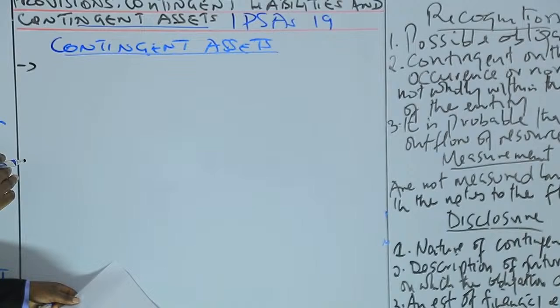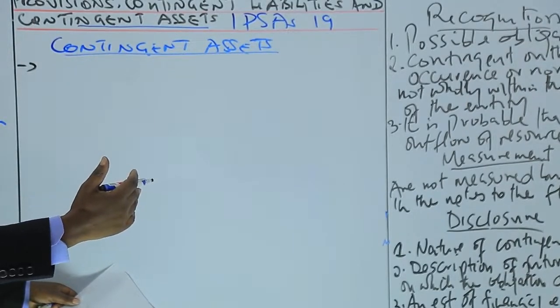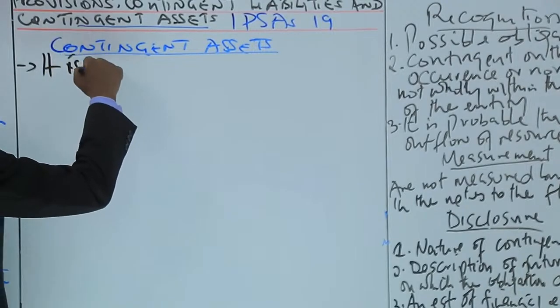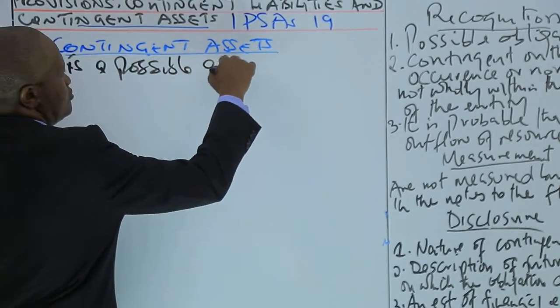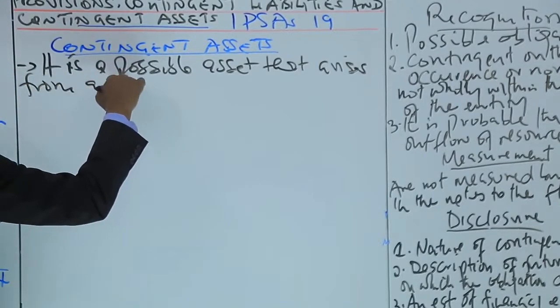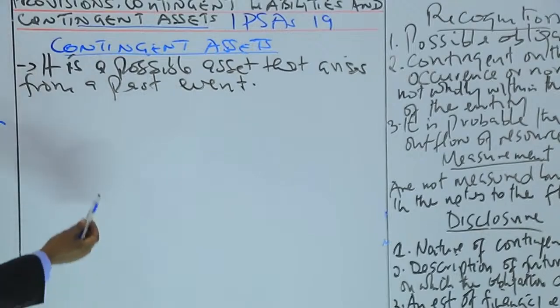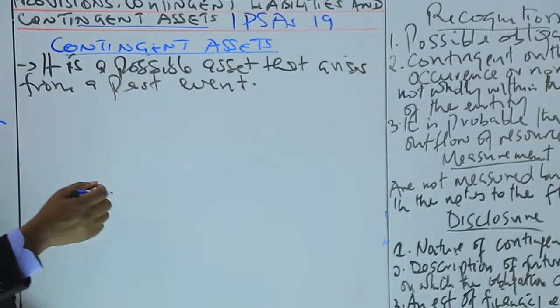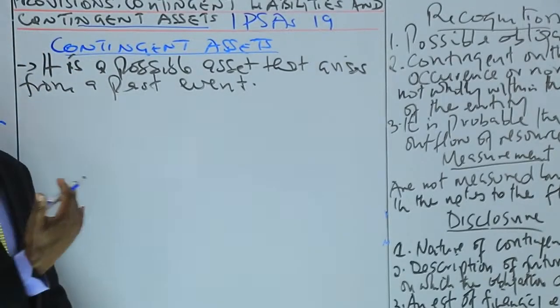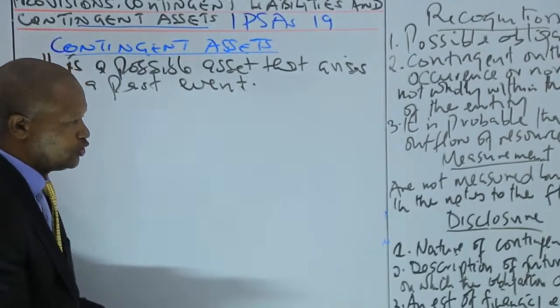First of all, it is a possible asset that arises from a past event, and whose existence will be confirmed only by the occurrence or non-occurrence of uncertain future events not wholly in the control of the entity.